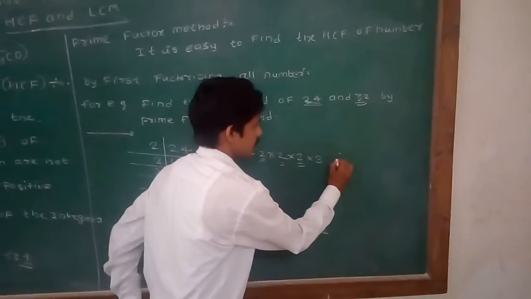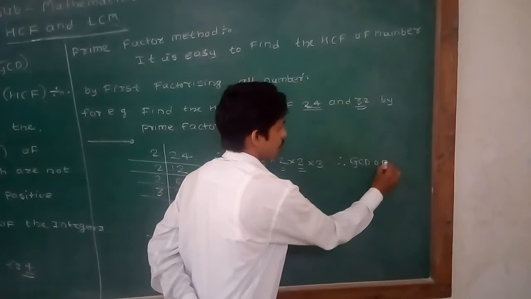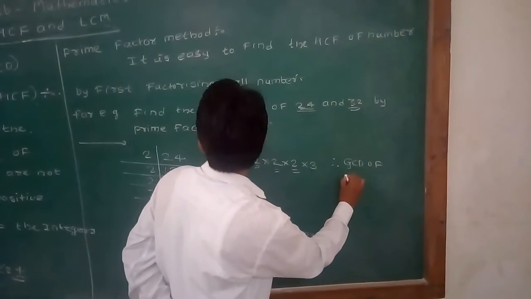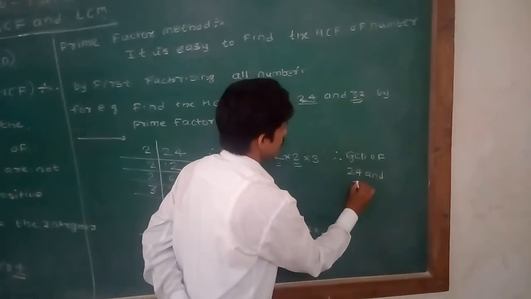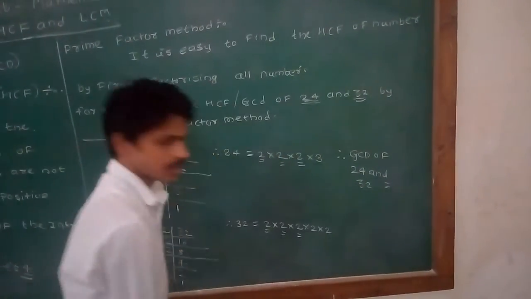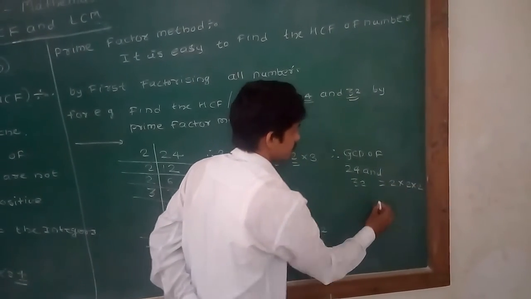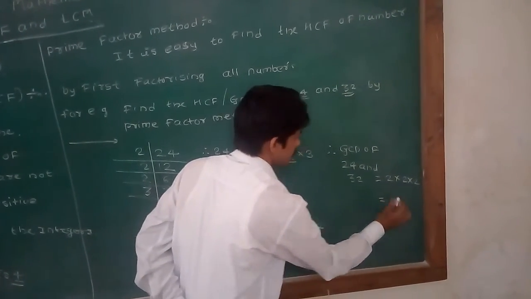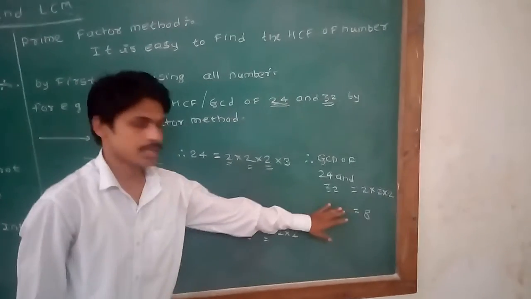Therefore we can say that GCD of 24 and 32 is equal to 2 multiplied by 2 multiplied by 2, that is equal to 8. Therefore GCD of 24 and 32 is 8.